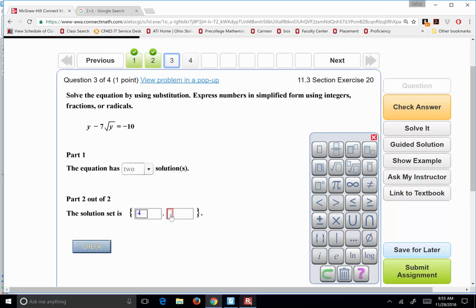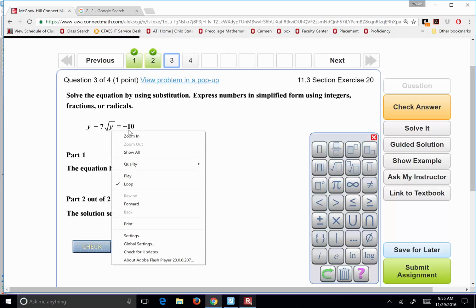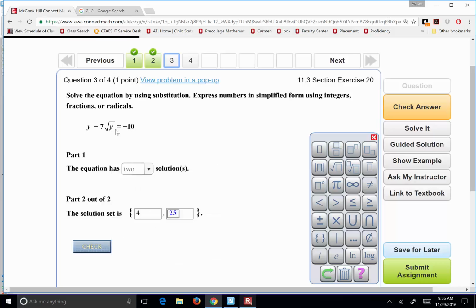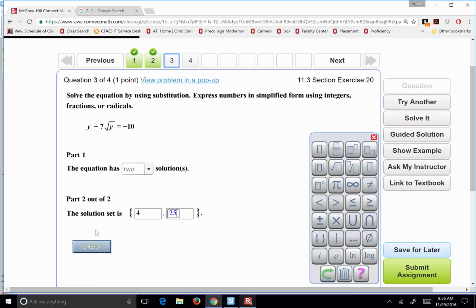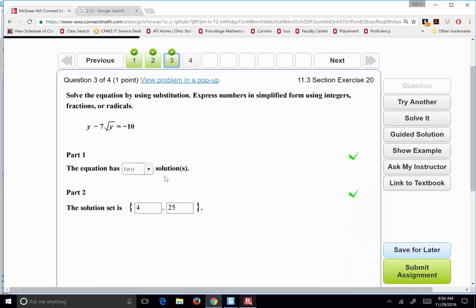Technically, you need to test these before submitting. Plug in 4 here, so you get minus 10, yes. 25, yes as well. 25 minus 35 is minus 10, yes. So you should be checking them, but it's safe for 25 to be the answer.